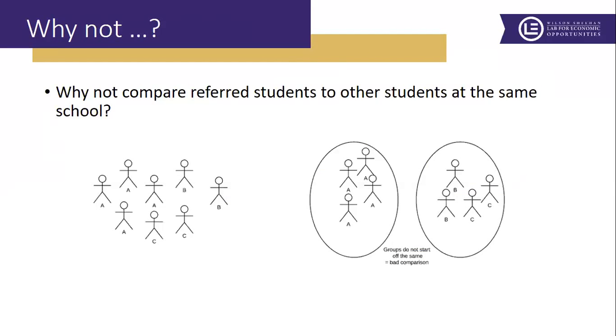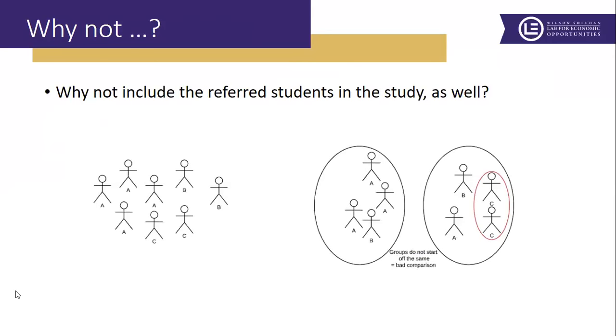So they're starting off at a different level than the kids at the rest of the school because they're generally going to be higher risk or have lower grades. And so if you start out with these two groups that are not at all the same, you're not expecting their trends and educational outcomes to be the same. So you don't really know what the true differences between them are at the end of the day.